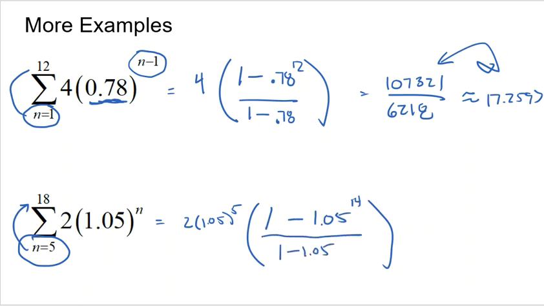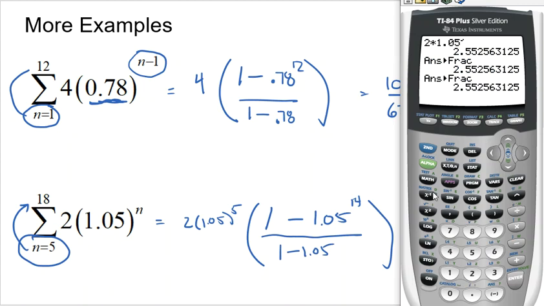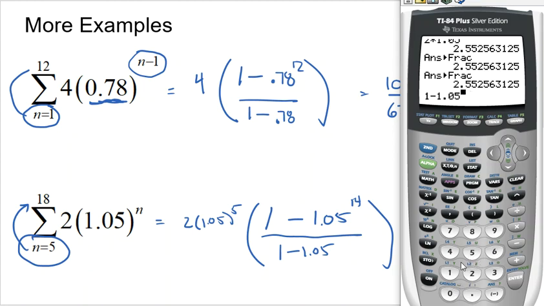All right, so when I do go to my calculator, one thing I could do right away is, look, I kind of have that number right there. That was the 2.5525. That was the 2 times 1.05 to the 5th. So if I kind of leave that there, here's what I can do. I can do 1 minus 1.05 raised to the 14th. Hit enter.